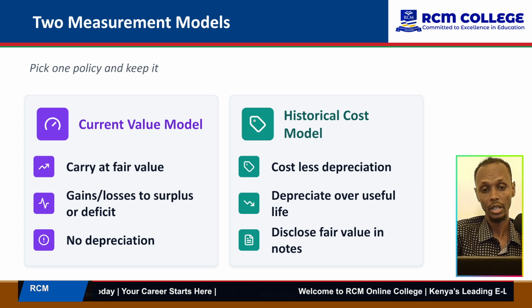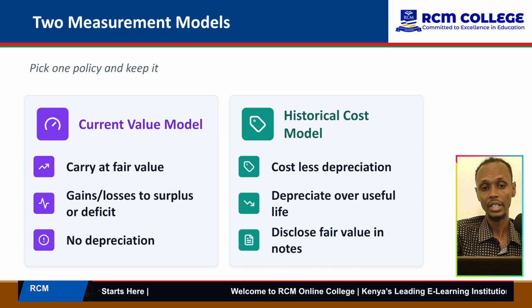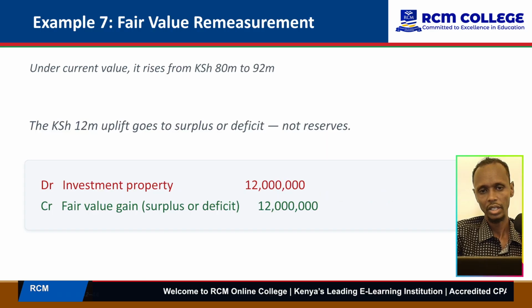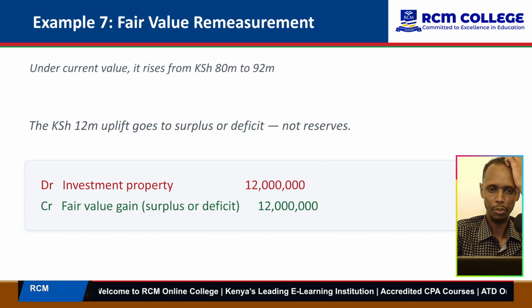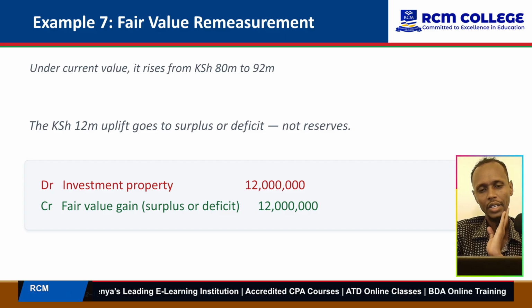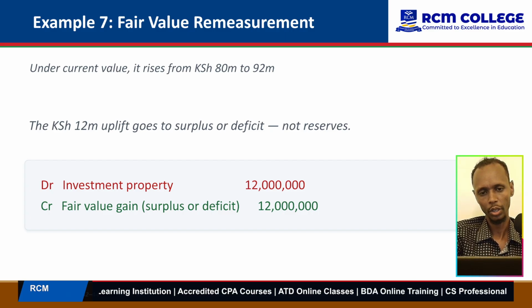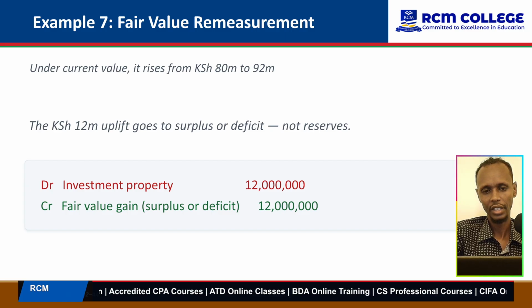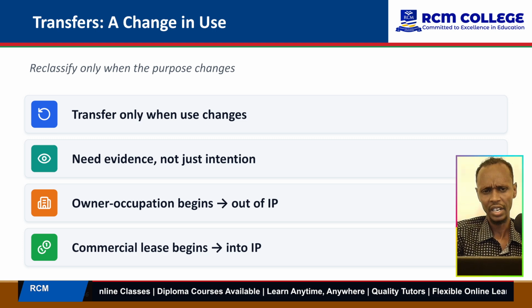Each year you revalue, and this is the one that's recommended. For example, current value was 80 million, and then you revalued and you got 92 million. So you debit investment property by 12 million. You credit other gain or losses or surplus or deficit, the 12 million, and your books will balance.